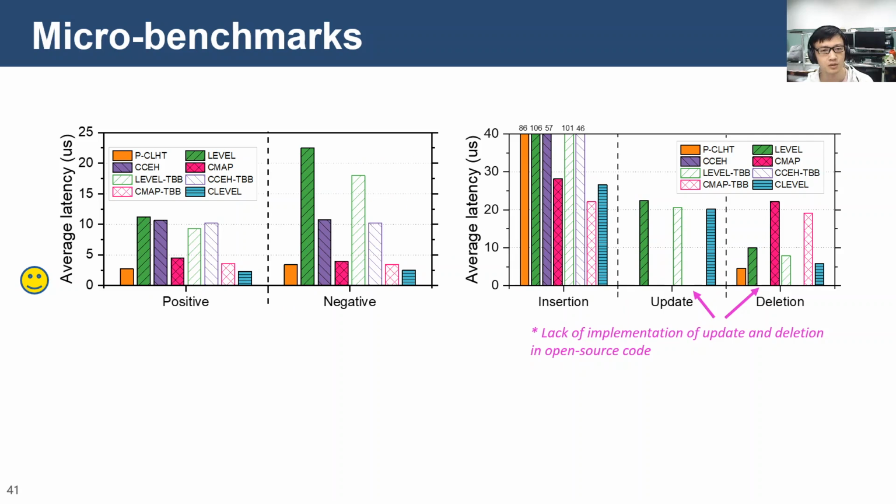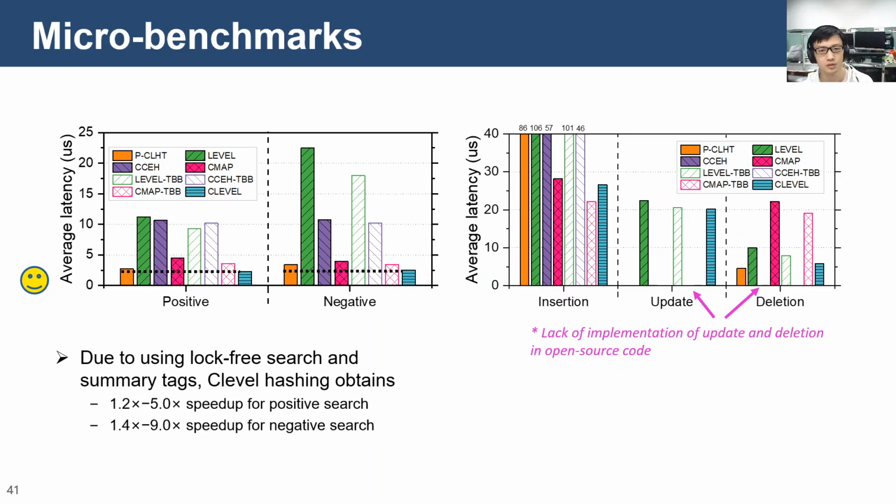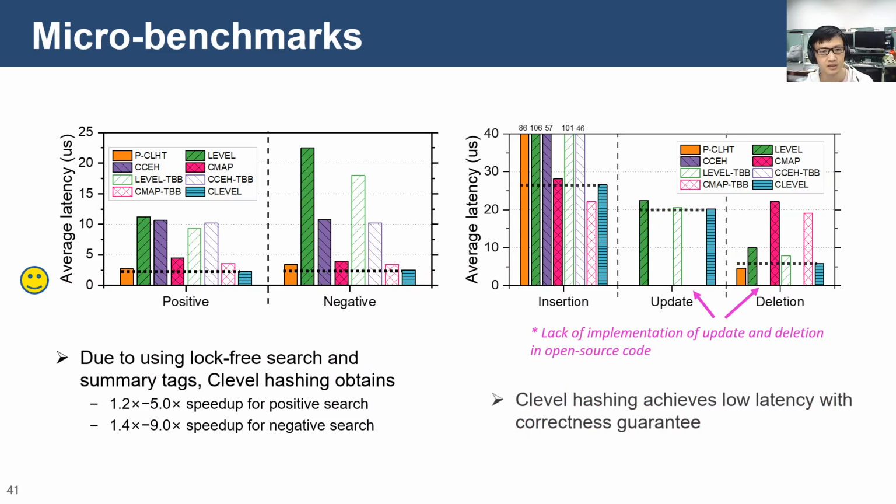For micro benchmarks, due to the log-free search and summary tags, clevel hashing achieves lower average search latency than other schemes. The average insertion latency is affected by resizing. With correctness guarantee, the log-free concurrency control still enables low average latency for clevel hashing.